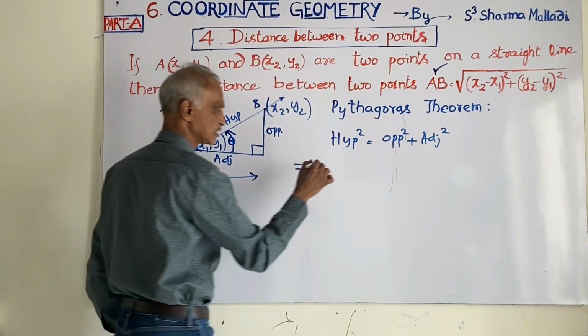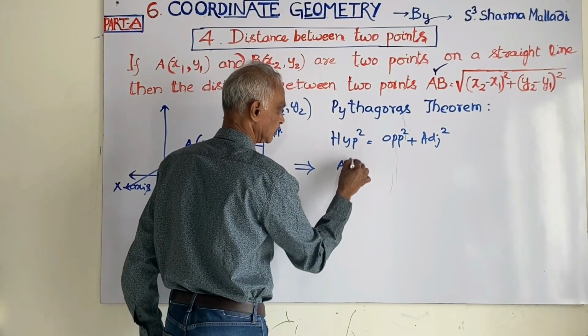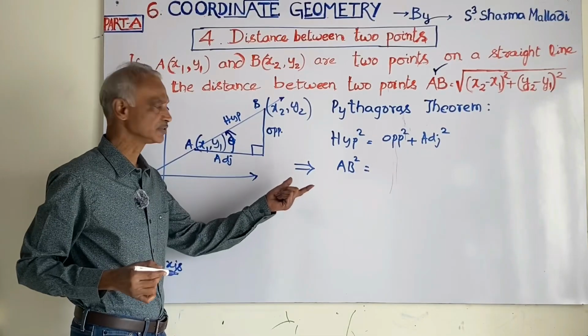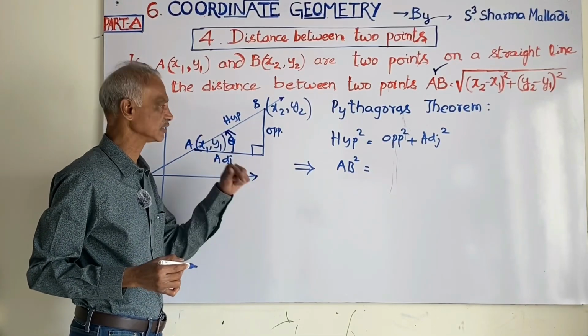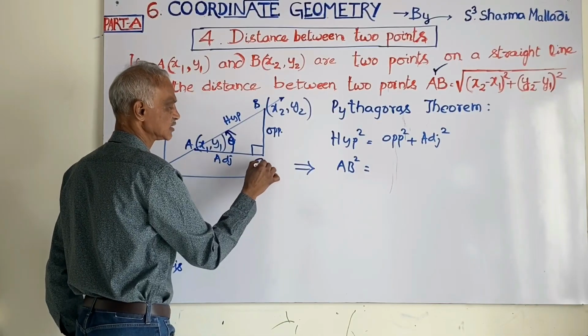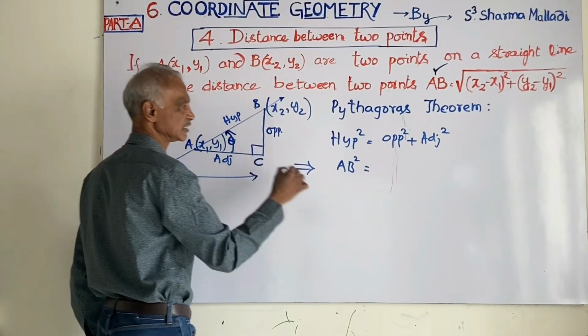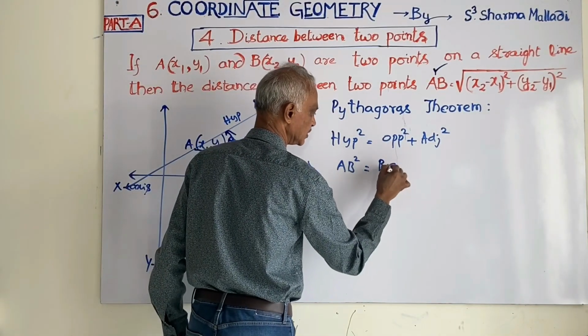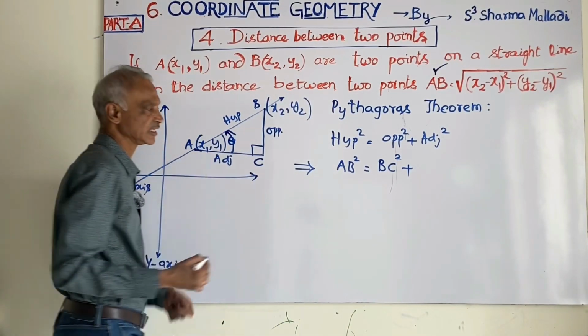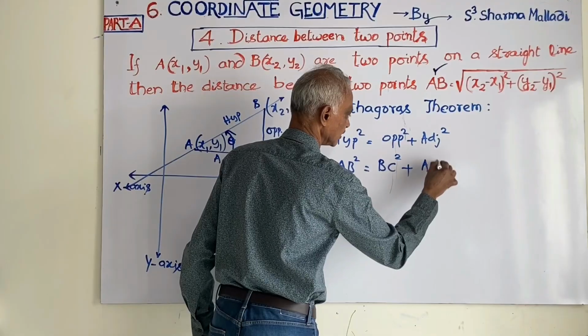Now AB square is equal to, what is the opposite side? What is the hypotenuse? AB square is equal to, the opposite side, you take this as C, BC square. What is the adjacent side? That will be AC, so AC square.